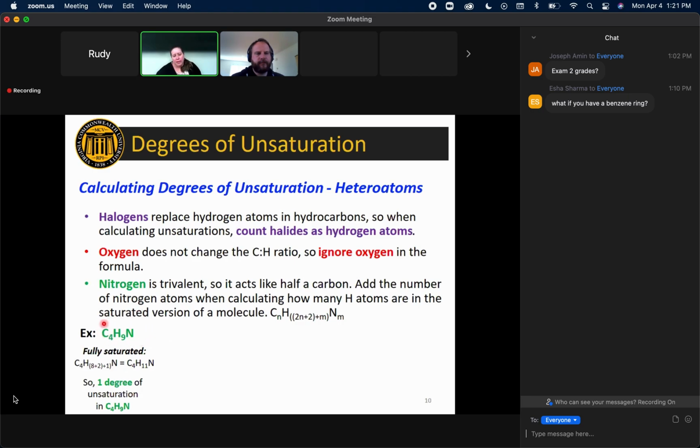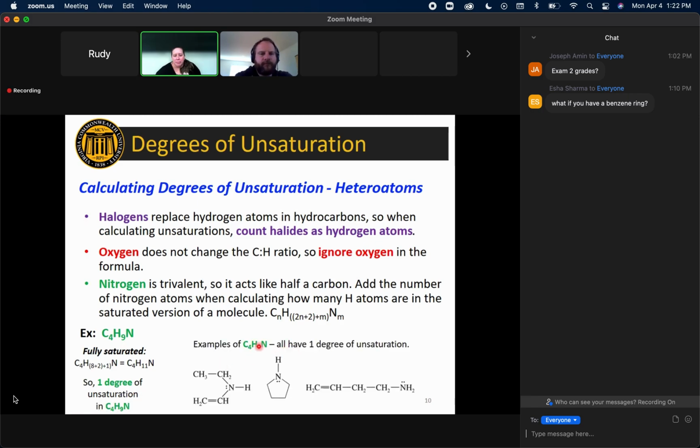If you can't remember the calculation, you should know and remember that every molecule with a C4H9N molecular formula will have the same number of degrees of unsaturation as each other, right? Because we can do this in a calculation based only on molecular formula. So what you can do is draw any molecule with this molecular formula and then look to see, did you have to use a double bond or a ring to draw it?